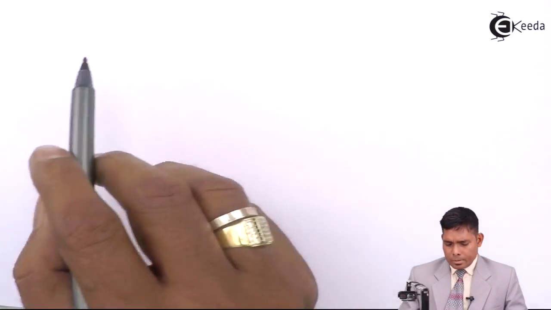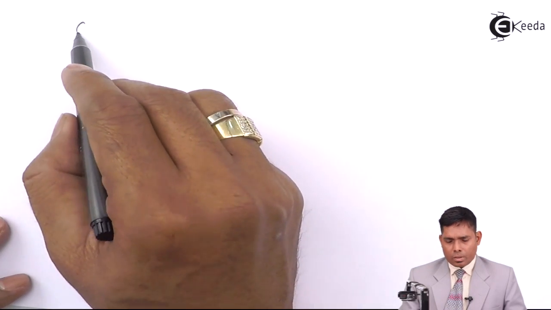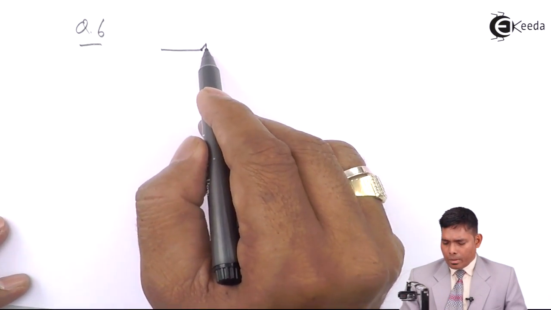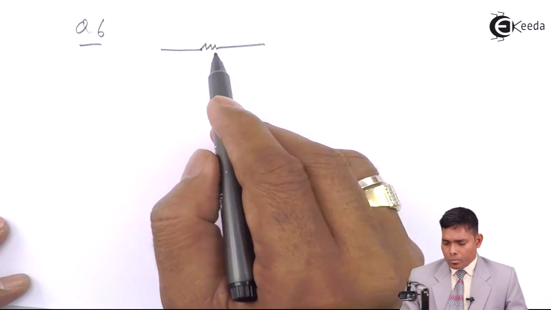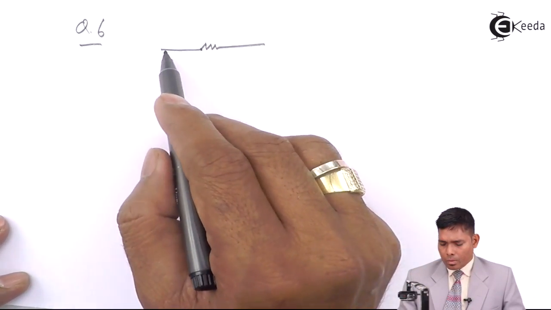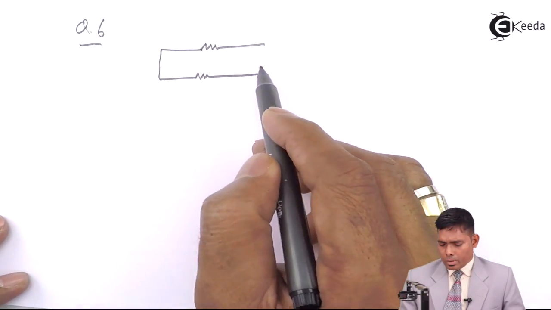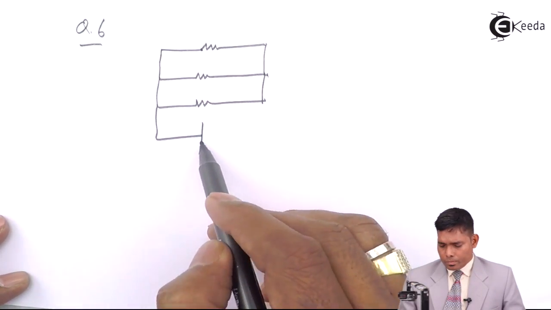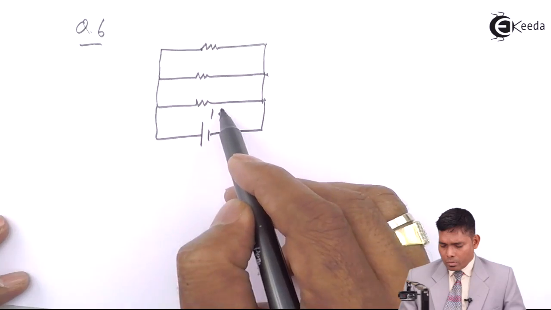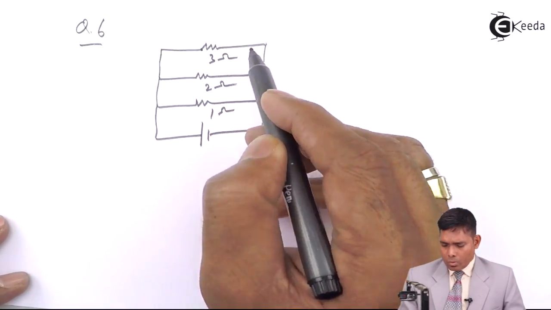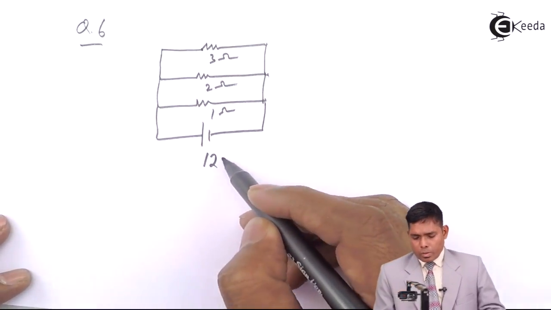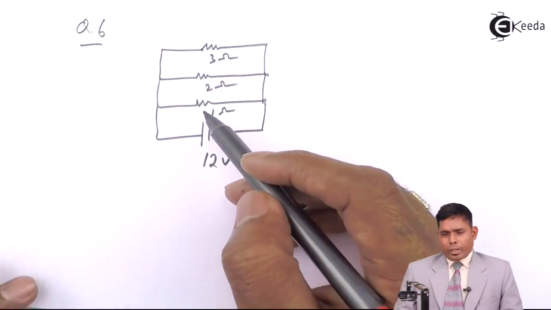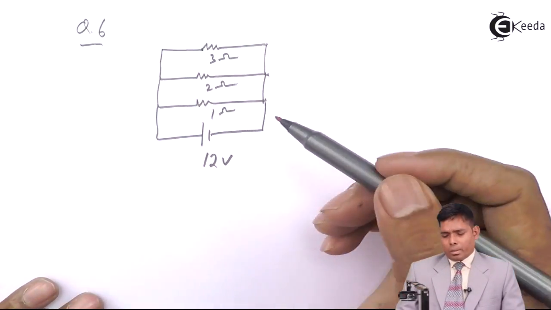I can take one more example. Question number 6. Suppose I have a circuit like this: 1 ohm, 2 ohm, 1 ohm, 3 ohm. This is a 12 volt battery. Now it is easy to find current at any branch or potential drop and everything else.